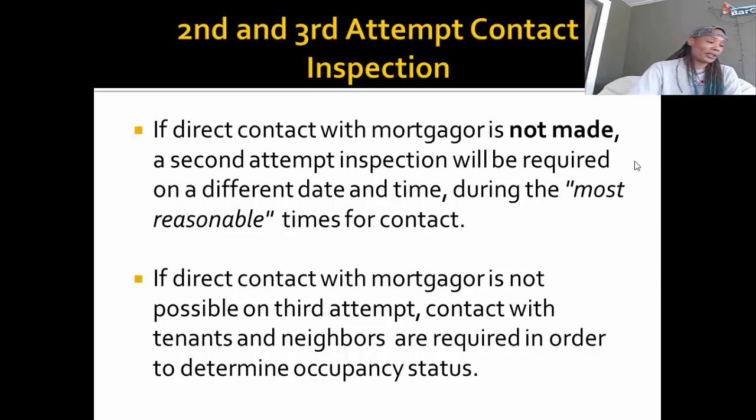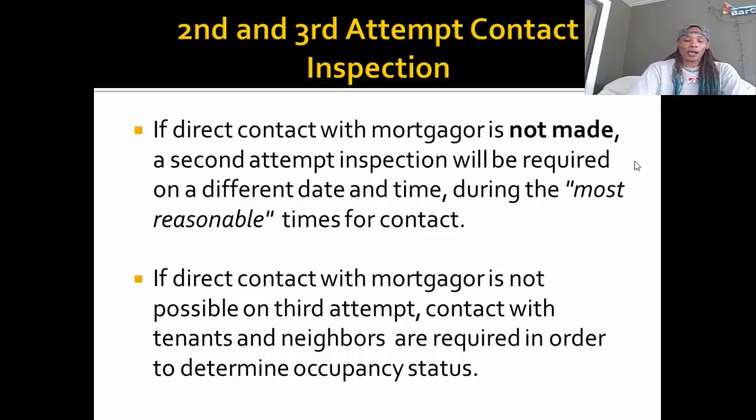You went in the morning on a Tuesday and nobody was home, and you went in the afternoon on a Friday and nobody was still home. So you made a third attempt on Monday at a different time. Maybe you did it in the middle of the day, around 1 p.m. or something. And you still haven't been able to make contact.